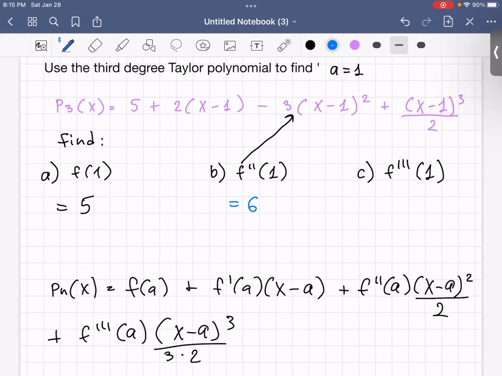And the third derivative of 1, again, same situation as we had before. The third derivative of a is divided by 6. So there had to be some number that would give us 1 here, right? And this number would actually be 3, right?